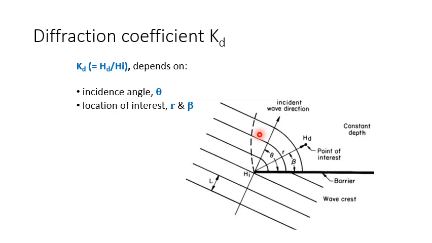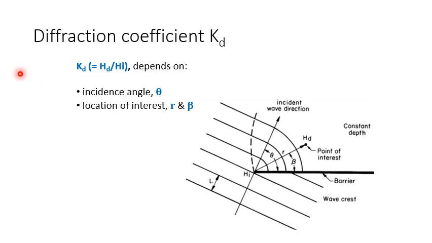This point will be defined as located at a distance of r away from the tip. This point is oriented at an angle beta from the barrier, and the incidence wave angle is oriented at an angle theta from the barrier.